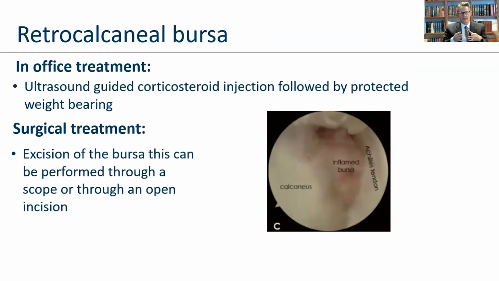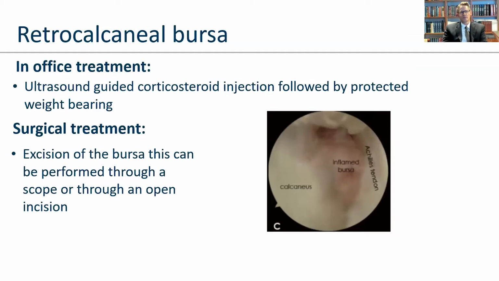And then after that, because steroid injection has the potential of weakening the Achilles tendon, you go into a protected weight bearing, which means you're in a fracture walking boot for a few weeks, making sure that that stays controlled and that doesn't open at that point.